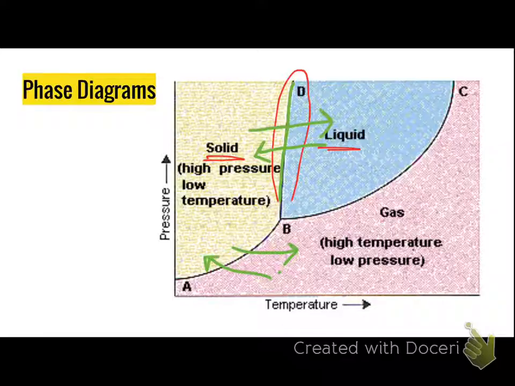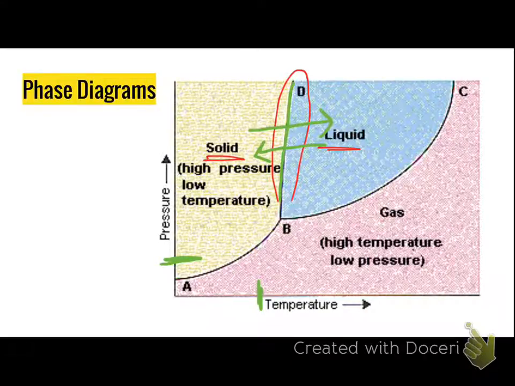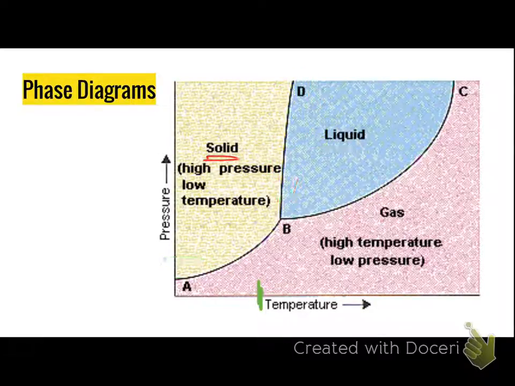But that does happen, and what you can see is that it happens most of the time, we'll say, when your pressure is very low, so we're in a low pressure, and when you're in a low temperature. So that's when you're going to see that transition happen, most of the time going straight from a solid to a gas. So you're going to want to also note some things, some points on your graph.